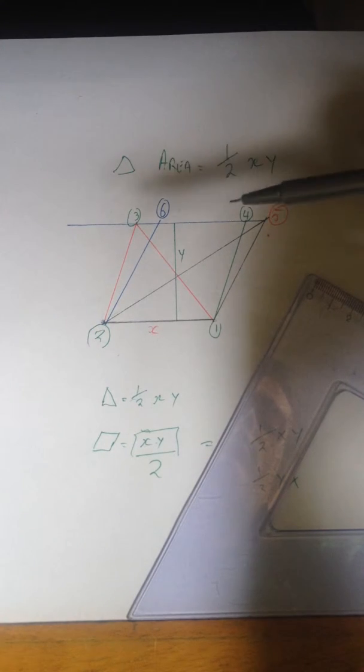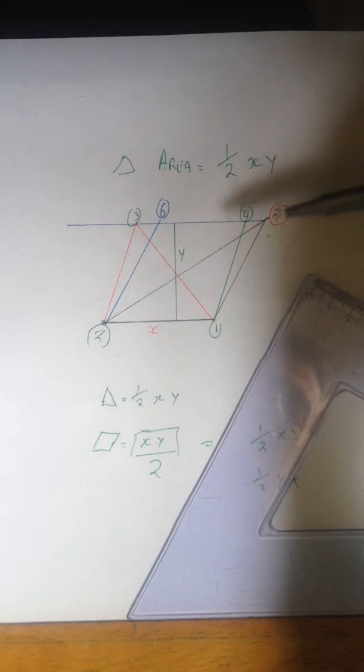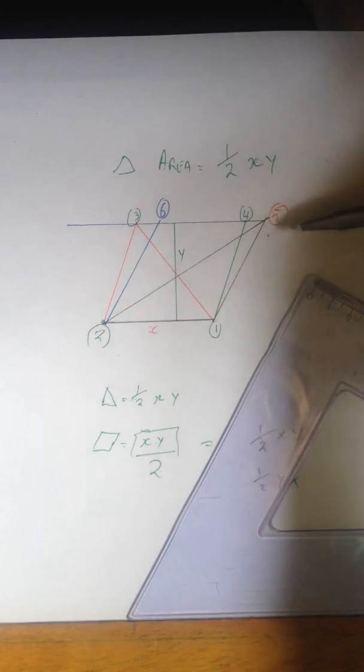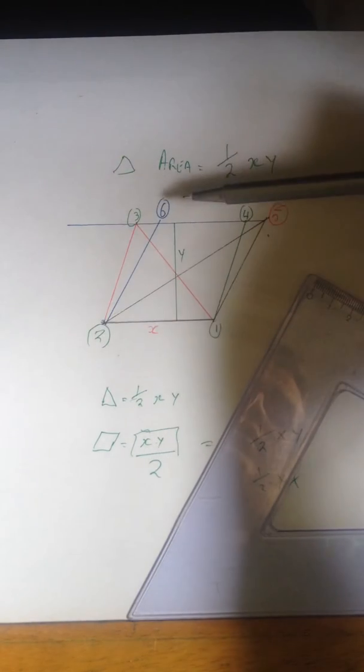So then, as you can see, the triangle 1, 5, 2 is half the parallelogram 1, 2, 5, 6.